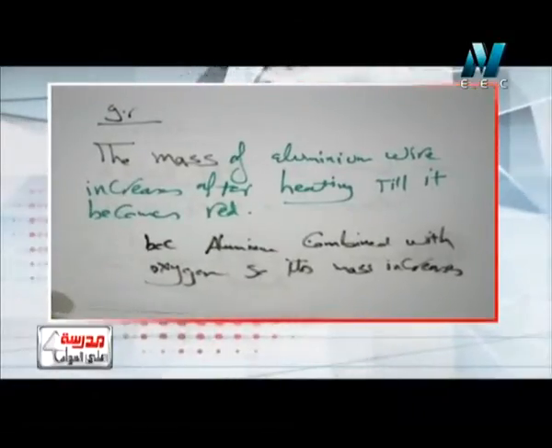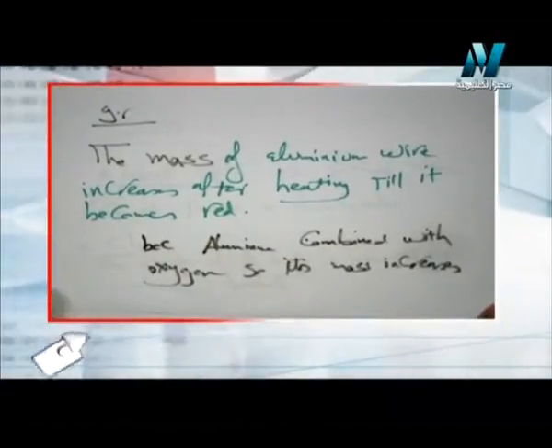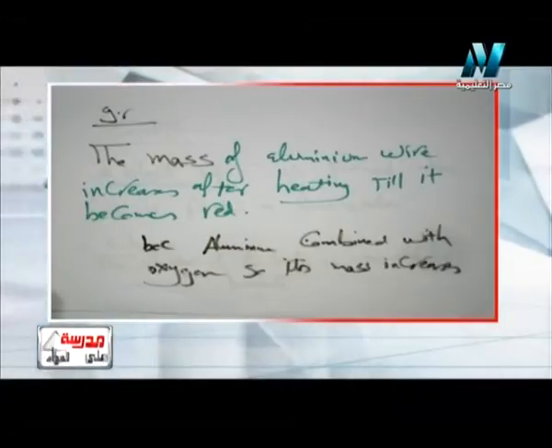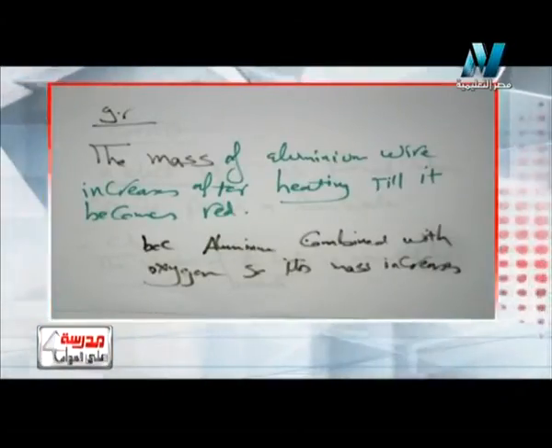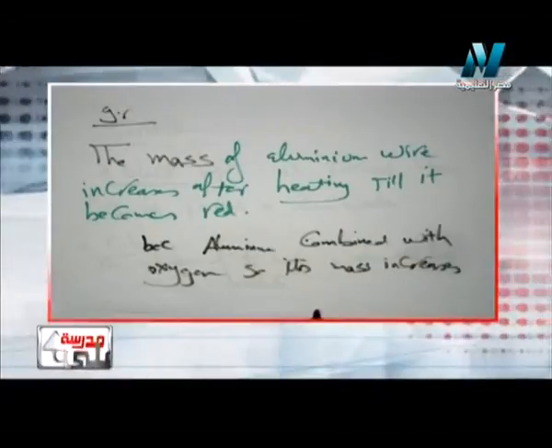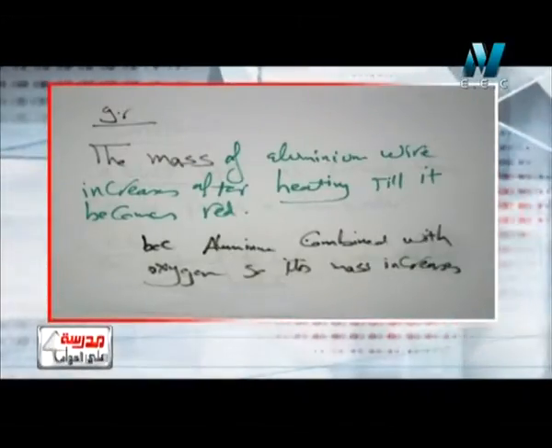Any element that combines with oxygen forms the element oxide. If aluminium combines with oxygen, it will be aluminium oxide. If iron combines with oxygen, it will be iron oxide.